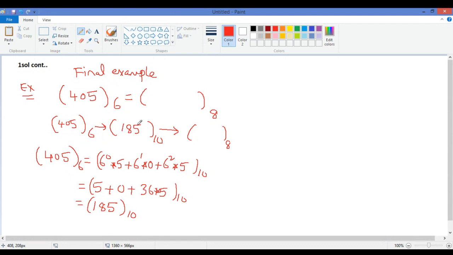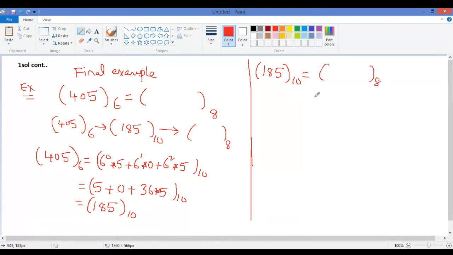Okay. Now let's come here. Let us convert now 149, which is in base 10, to base 8.